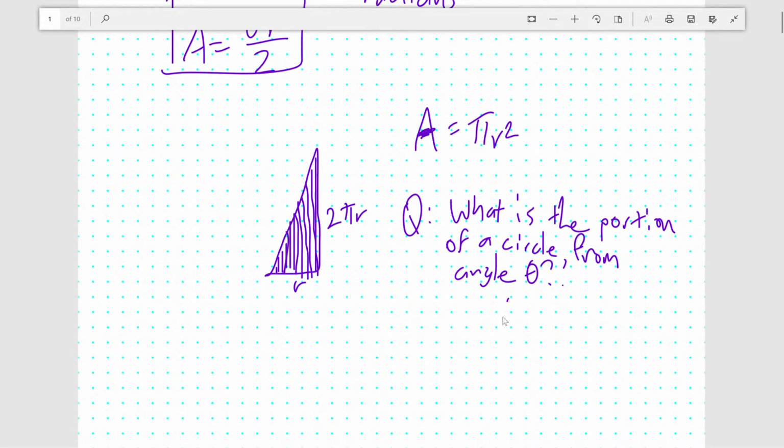Well, we know that one portion of a circle is when theta is 2 pi. Therefore, theta over 2 pi must be equal to the number of circles.